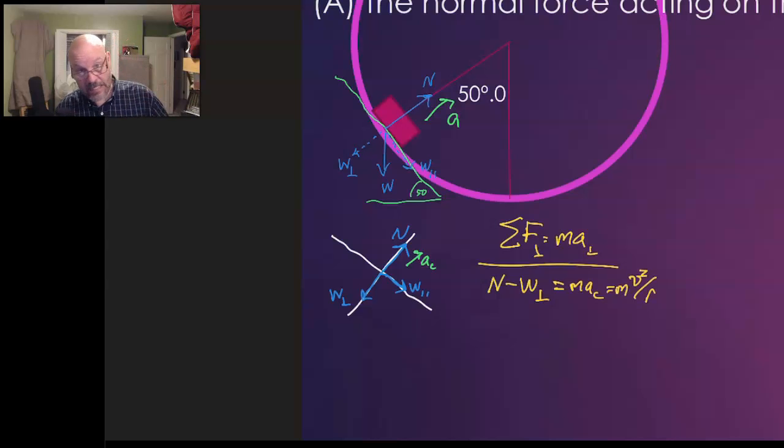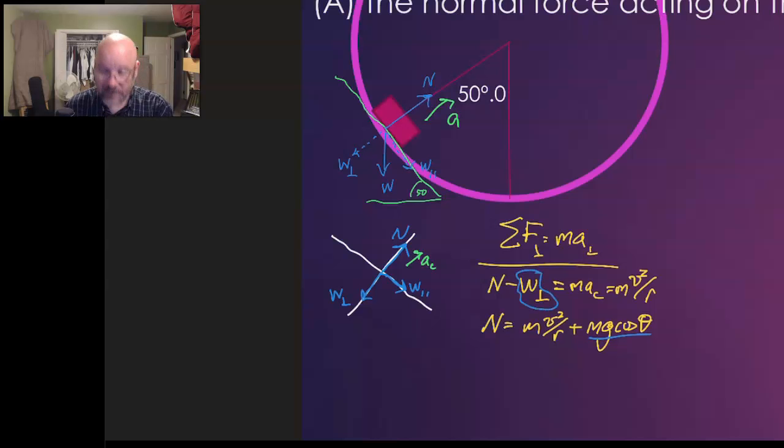Since we know the speed of it, okay, so it's moving around a turn just like that, which means then that my normal force is going to be mv squared over r plus mg cosine theta, okay, where, of course, mg cosine theta is my perpendicular part right there, okay?